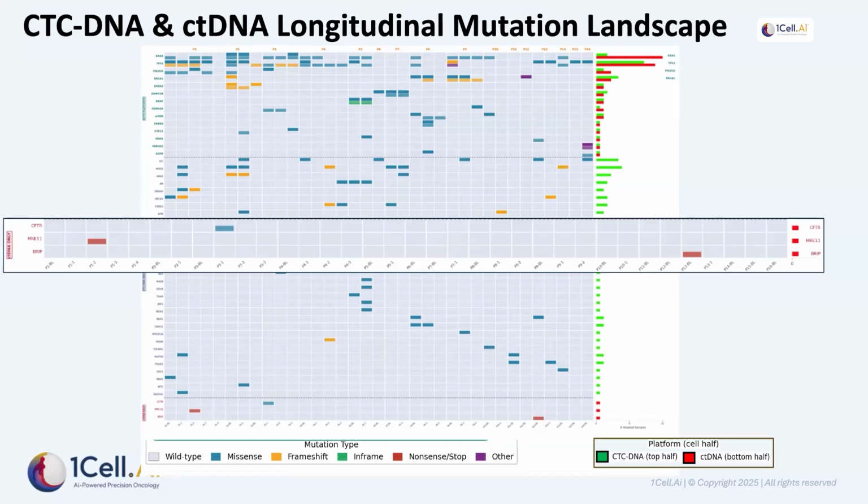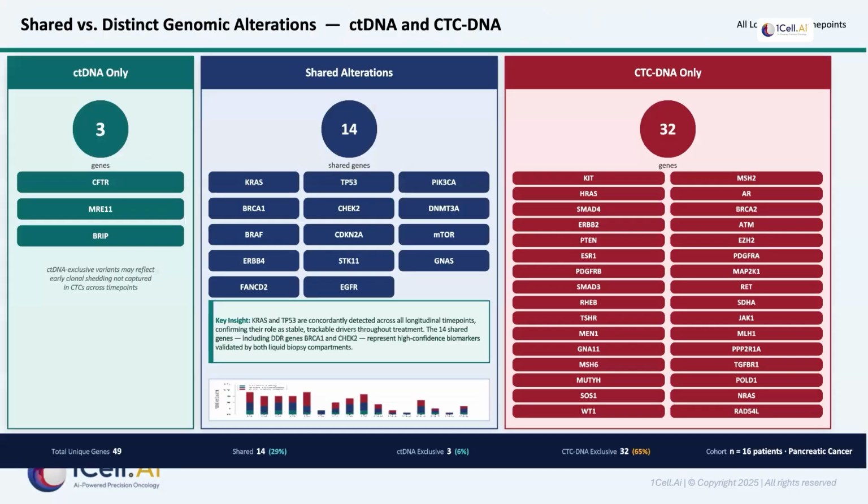So when we put all of this together, the bottom line is we need both sources of information. We need the ctDNA and we need the CTCs. And this again puts together some of the alterations found in the ctDNA only, some of the alterations found in the CTCs, and there's a lot of alterations that are found in the CTCs that are not found in the ctDNA, and then some of the shared alterations.